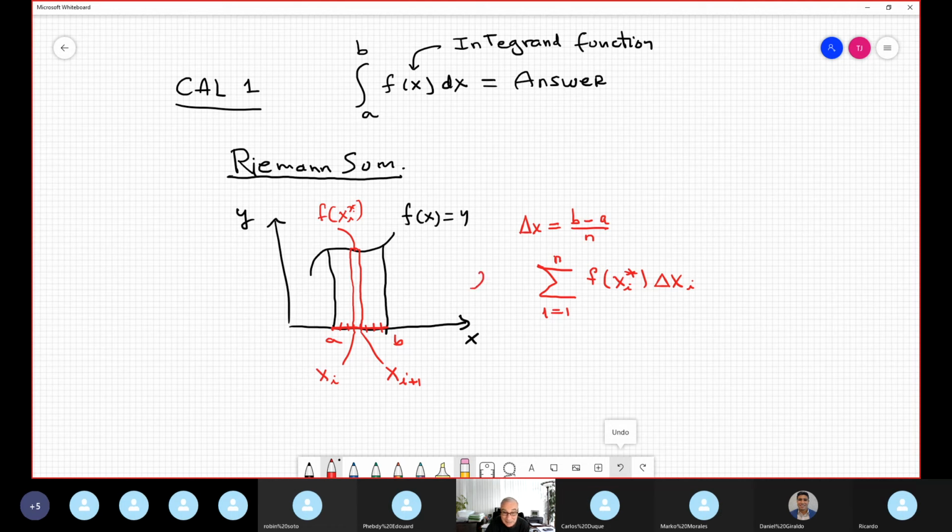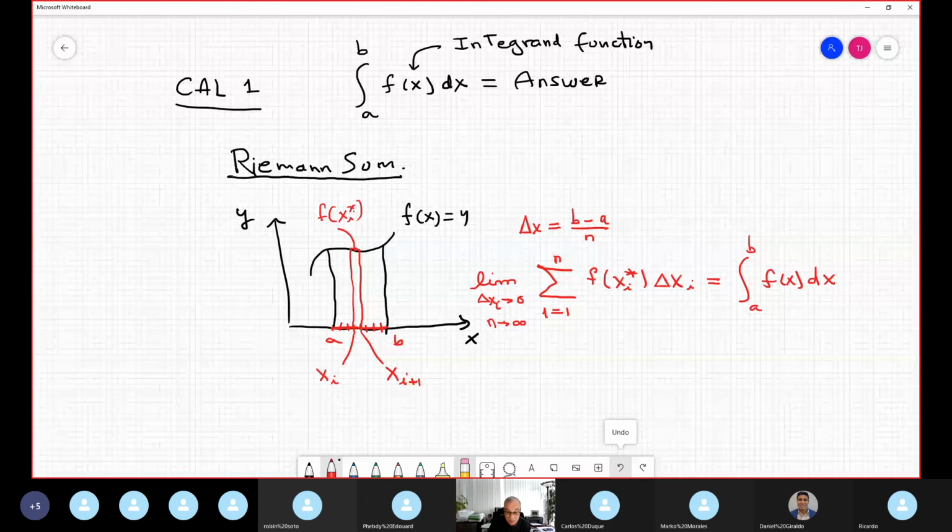However, when you approach the limit, when the delta x i approaches 0, in other words, you are using smaller partitions, or the number of partitions approaches infinity, this Riemann sum is equal to the integral from a to b of f of x dx.